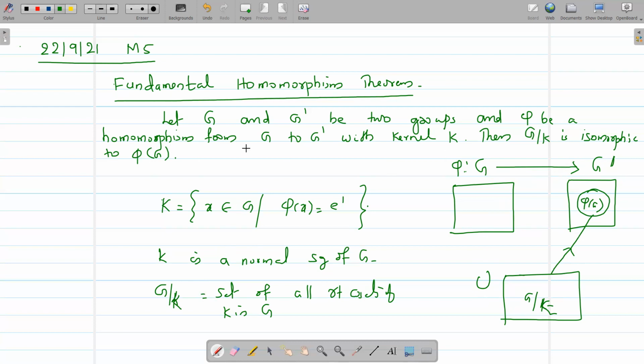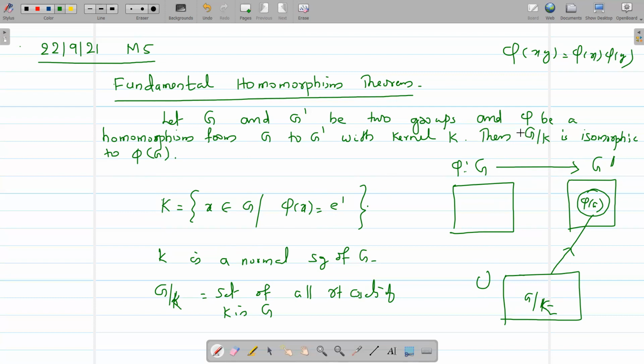Phi is a homomorphism. Phi homomorphism means phi of xy is equal to phi x, phi y. K is the kernel means ഒരു എലമെന്റ് ജിയിൽ വരണമെന്നുണ്ടെങ്കിൽ അതിന്റെ phi ഇമേജ് ഐഡന്റിറ്റി ആയിരിക്കണം. Okay, then G by K is isomorphic to phi of G. That is what we are going to prove.